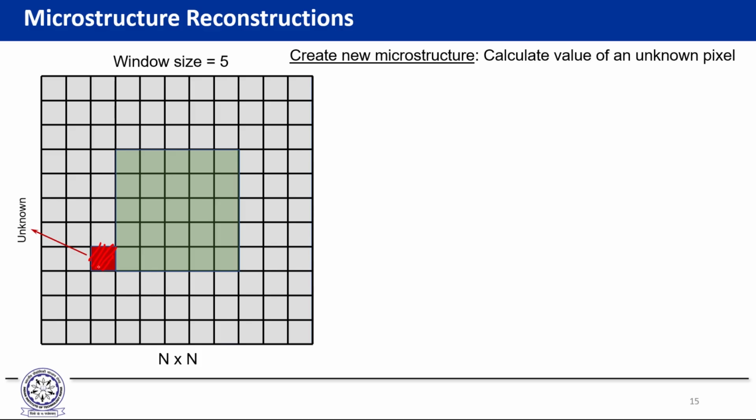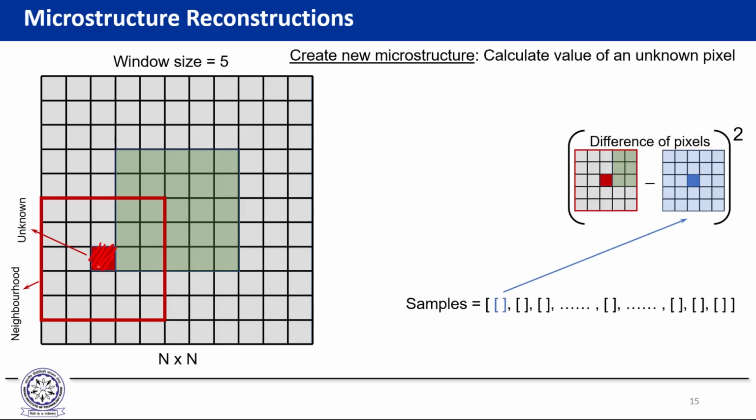Now if I have taken an unknown pixel, I need to then create a neighborhood for this pixel. So I had my seed window, and close to my seed window I took an unknown pixel, and then I have created a neighborhood around this pixel. So now what do I do? What I basically do is, I take a difference in the value of the pixels. So when I say I am taking a difference, what am I doing?